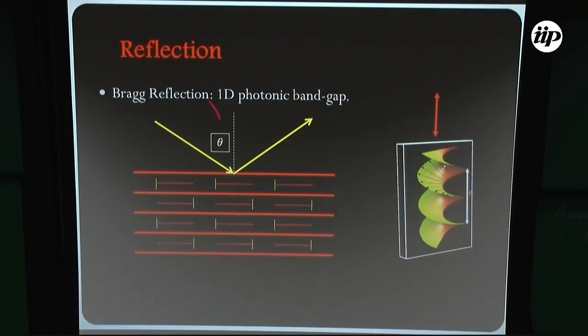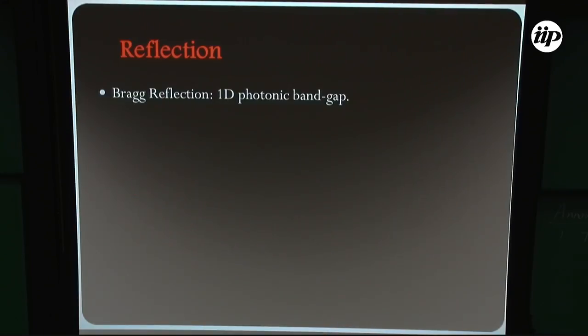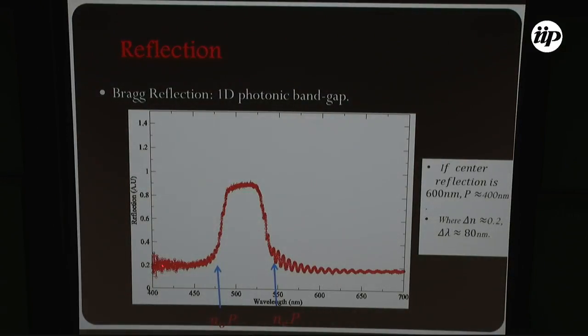So if you shine light in the same direction as the pitch length or the helical axis, depending on the pitch length, you get a reflection of some wavelength interval. If you measure this, you get a reflection by wavelength. You can get this nice peak here.